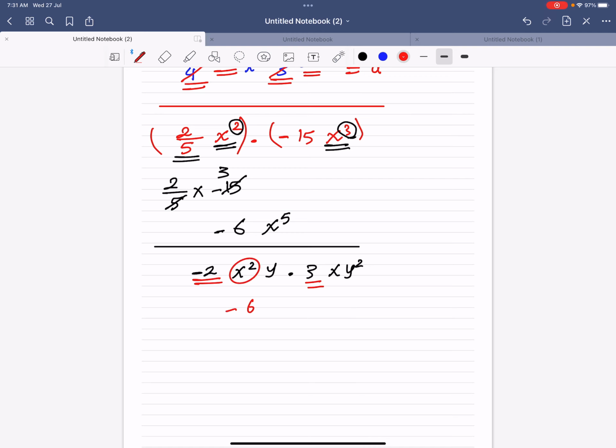It will be x raised to the power 2 and x raised to the power 1, so you have to add up these exponents together, so you will get x raised to the power 3. What about the next? We have here y, and y power 2, it will be y to the power 3. So we have finished the multiplying, and multiplying is very easy because the operation is easy.